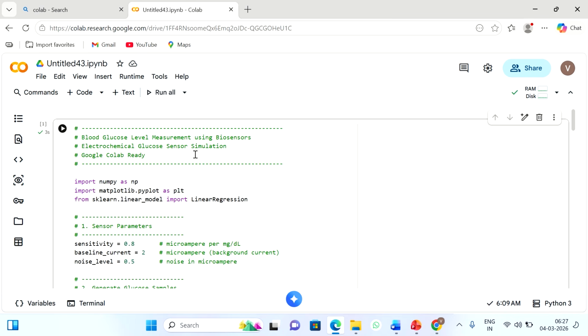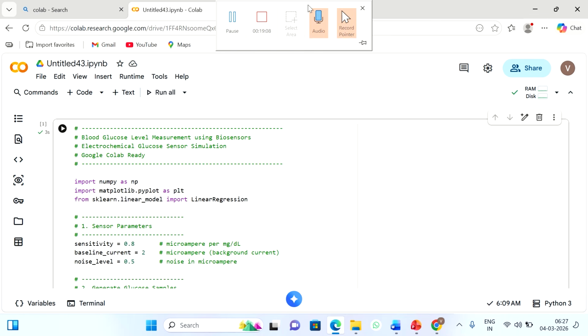And then here we are giving the sensor parameters. Sensitivity, already defined, is equal to 0.8.